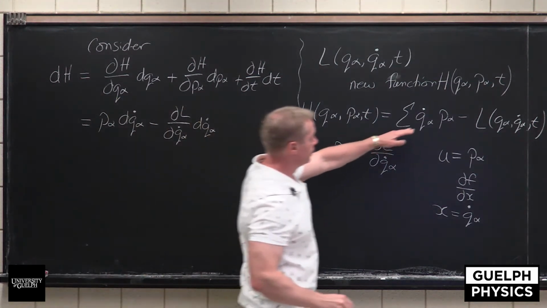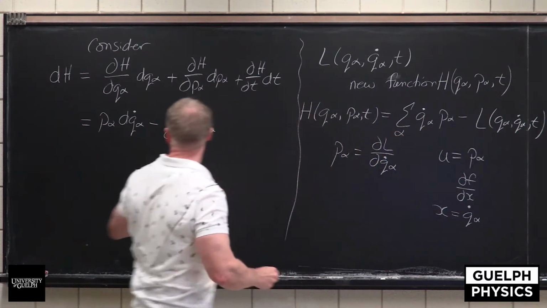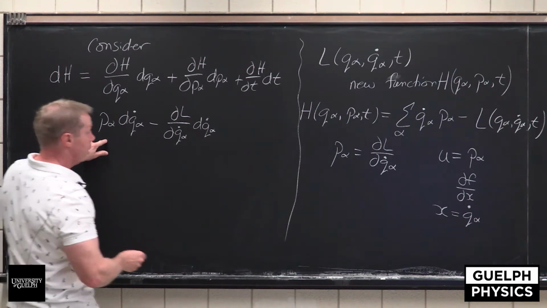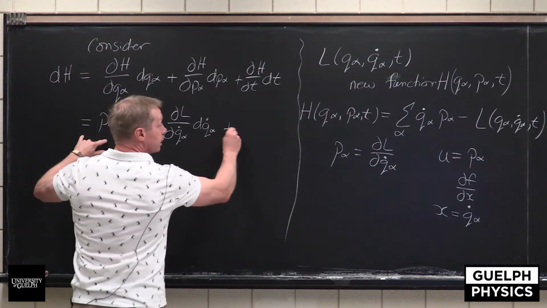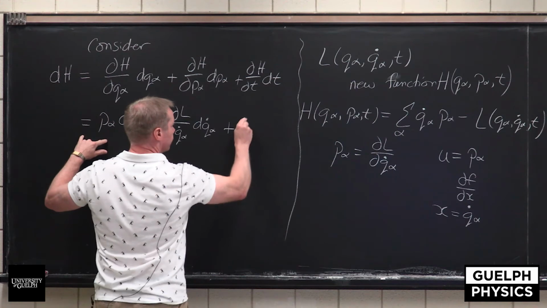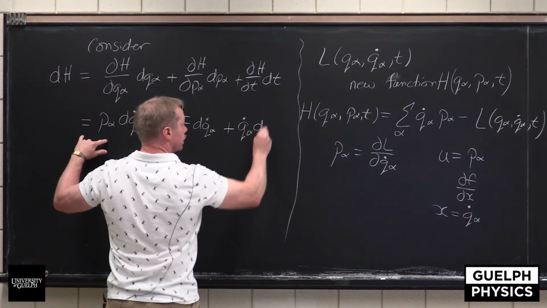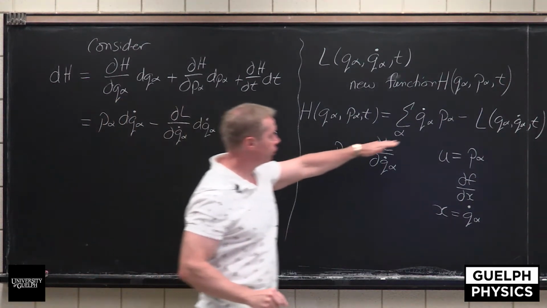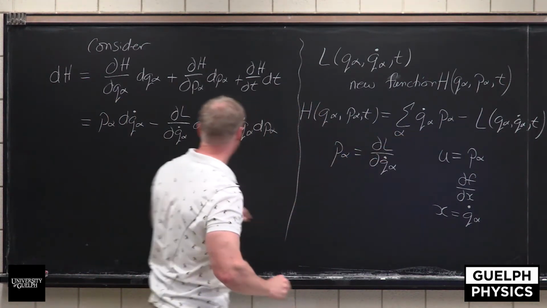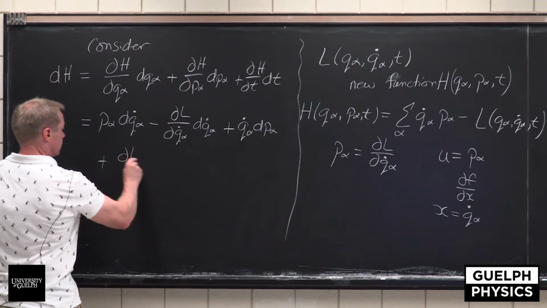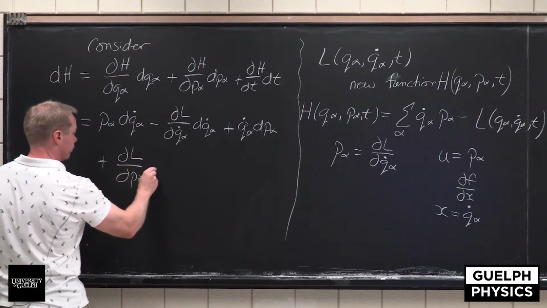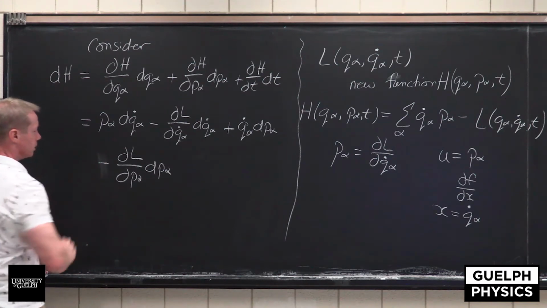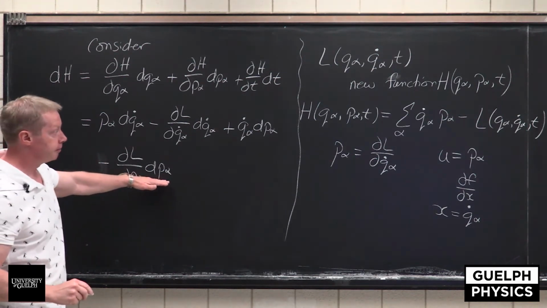So that's from these two terms. And then I will also have a term that's q alpha dot dp alpha. So that's taking a partial with respect to p alpha plus dL by dp alpha dp alpha. Oh, that should be a minus. Minus dL by dp alpha dp alpha.